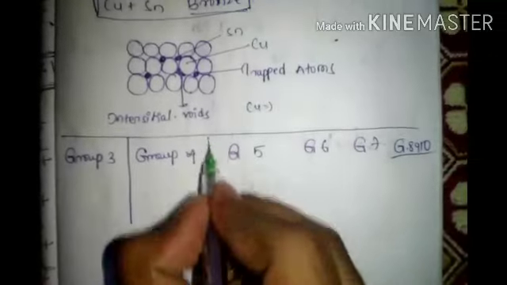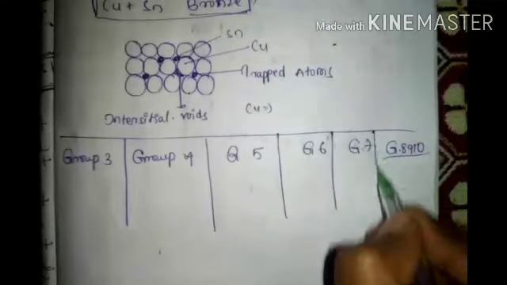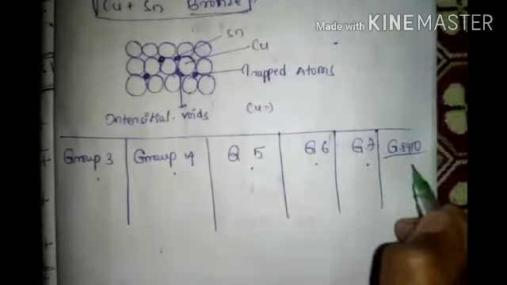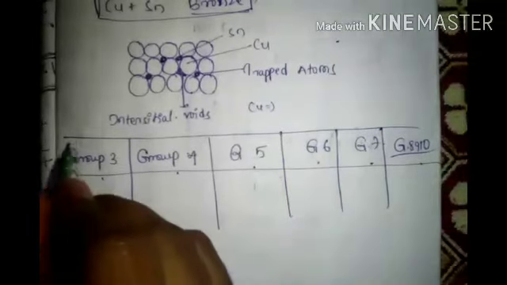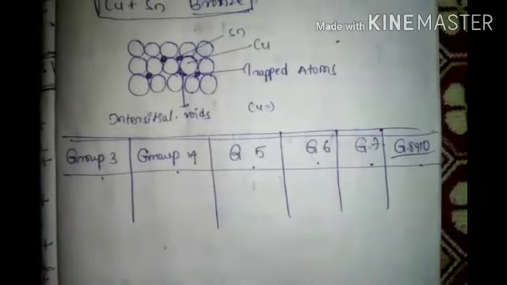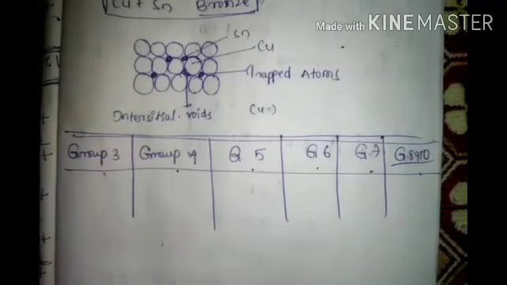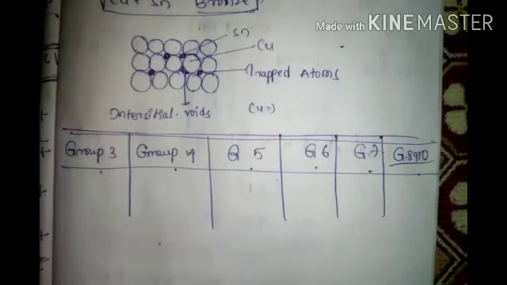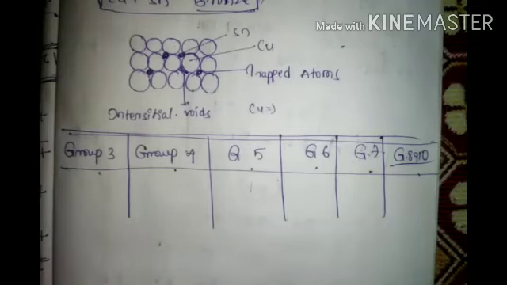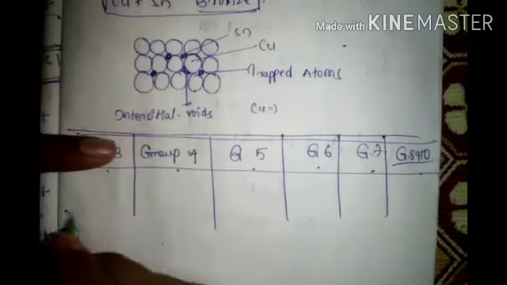So totally how many are there? 1, 2, 3, 4, 5, 6. Six groups are there. We have to discuss them one by one. All have different kinds of properties. Now we have to go through them.